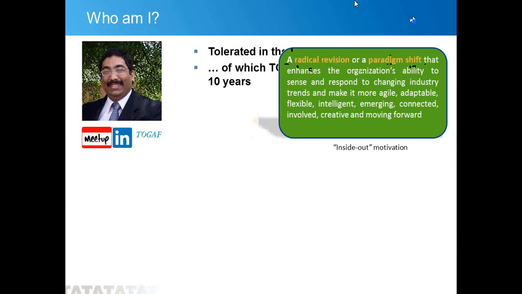I'm not going to try to talk to you about how exactly you do a transformation, but I'm going to talk more about when you do a transformation, how you would use this model, or the simple scale as I call it, to measure your transformation exercise and to go about performing it in a logical and structured manner. So hopefully that statement will clarify itself as we go forward.